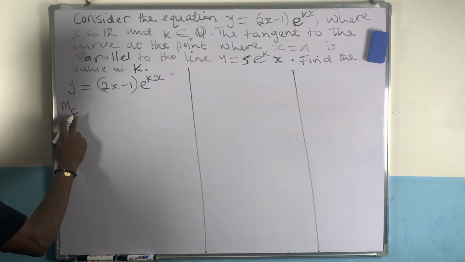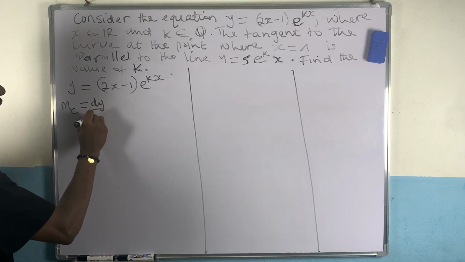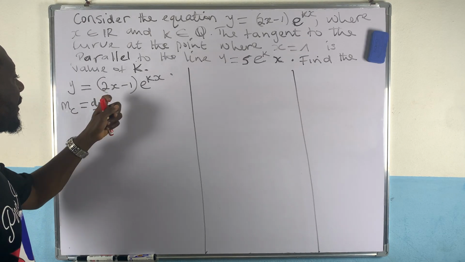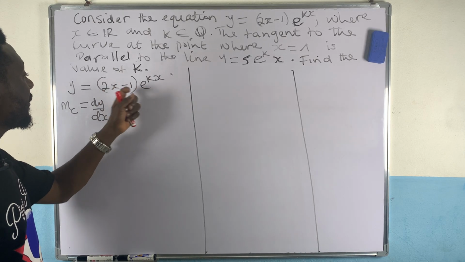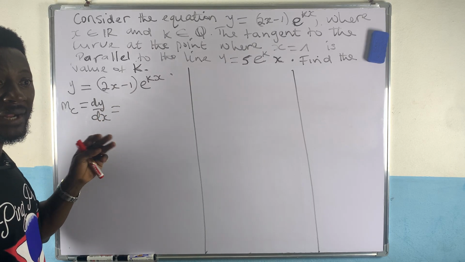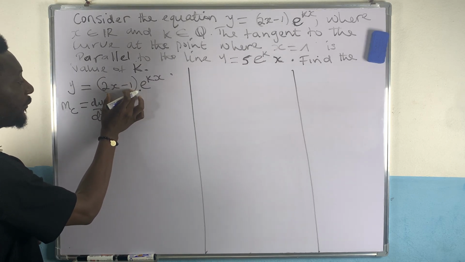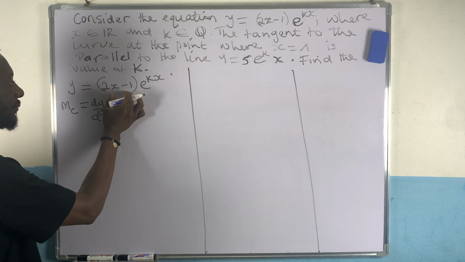It is dy on dx, which can be obtained as, now these are two functions that are multiplying. In differentiating two functions that are a product, we apply the product rule: you differentiate this function and keep this one, then later on you differentiate this other function and keep this one.